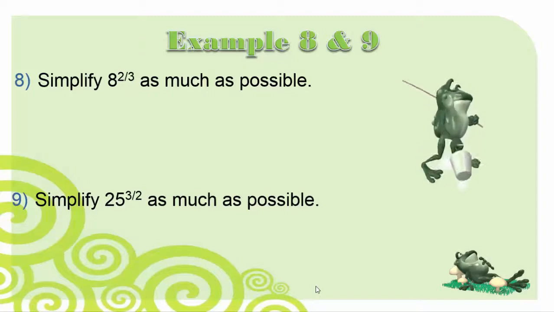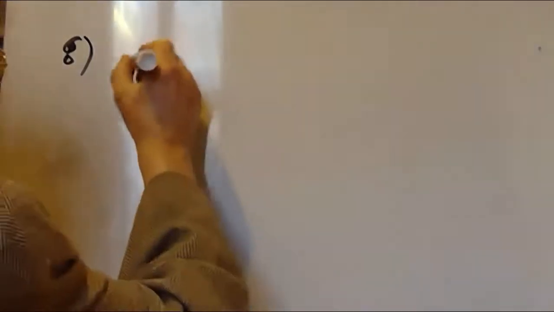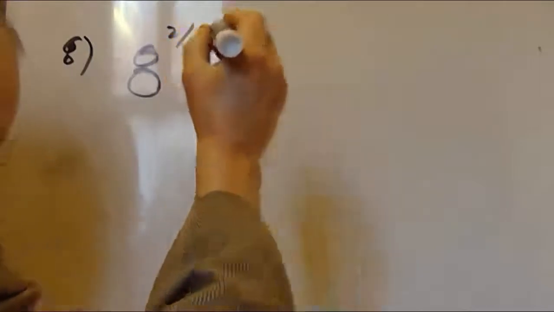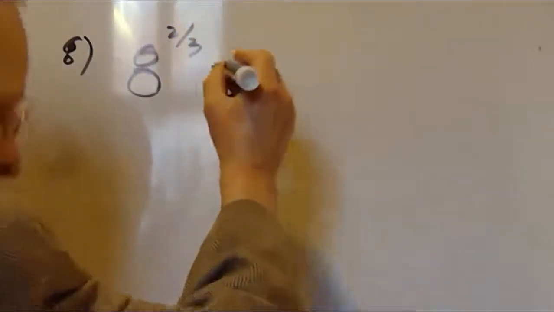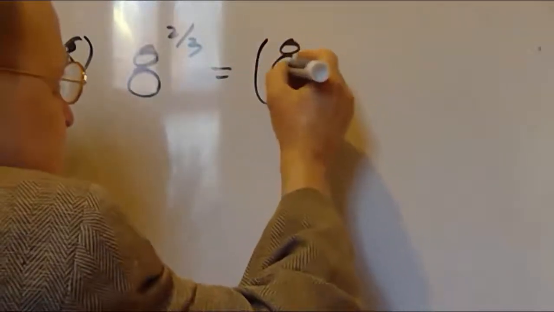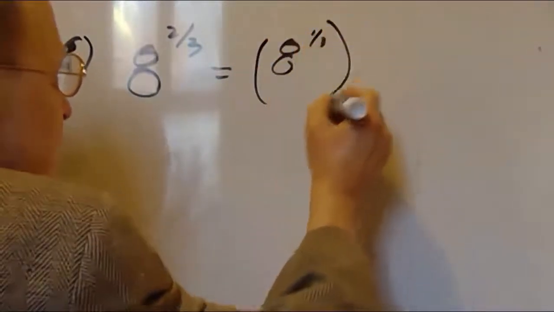So let us go over to the whiteboard and do this one. Using some of these ideas, we look at the following examples. 8. So we have 8 to the 2/3. So we can rewrite that as 8 to the 1/3, squared.